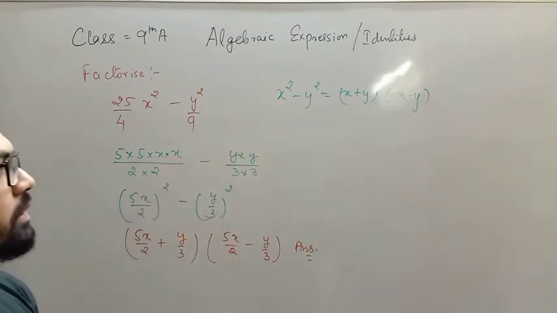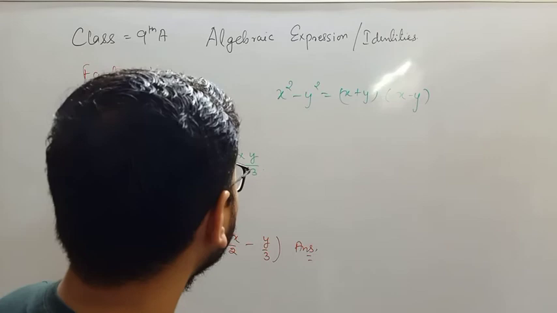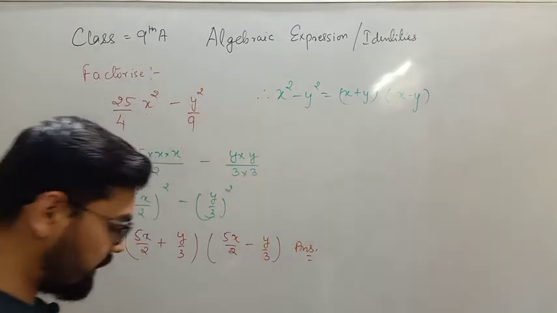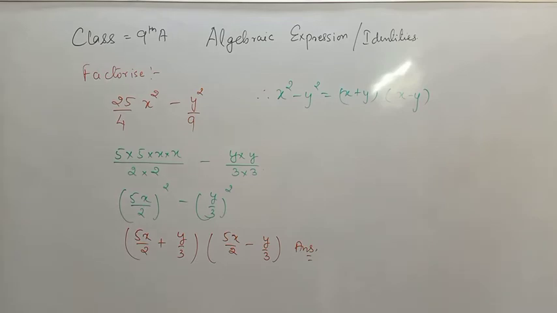This is nothing but the third identity, right? So using the third identity I just factorize this given algebraic expression. Note it down fast.